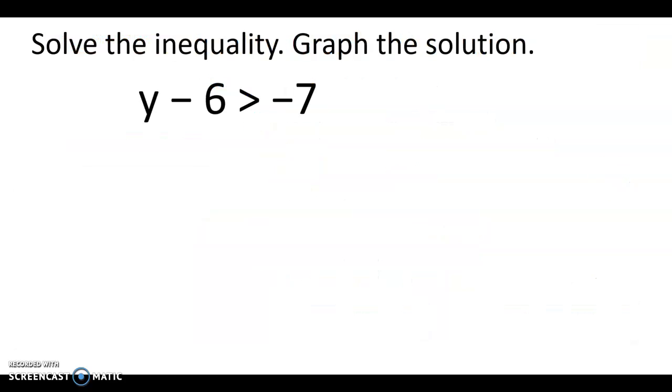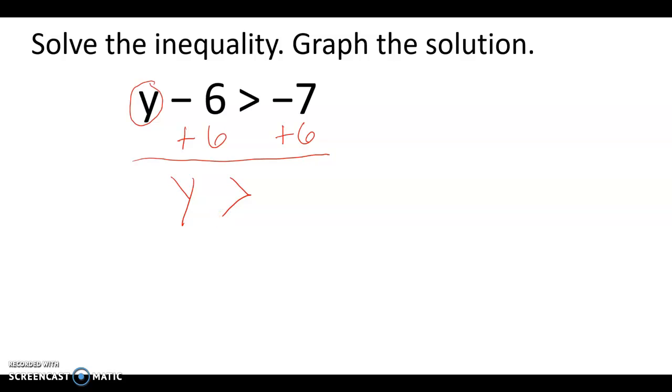So we have y minus 6 greater than negative 7. So again, the variable term is our y. We have to get rid of minus 6 by adding 6. So we add 6 to both sides of the inequality. We still get our y. Bring down our greater than symbol because the 6 is canceled.